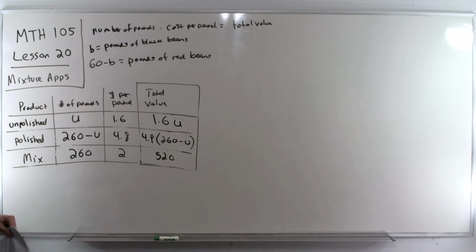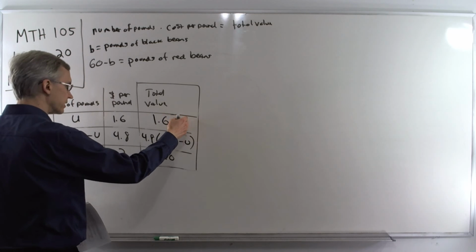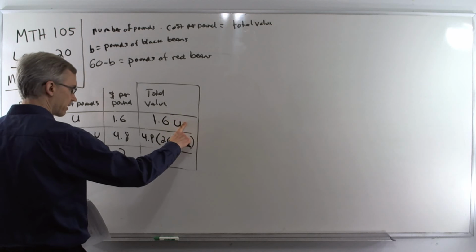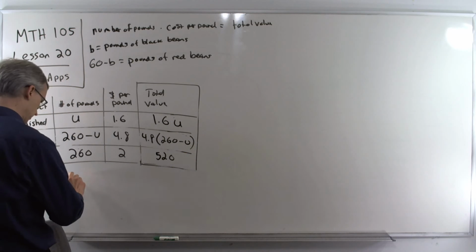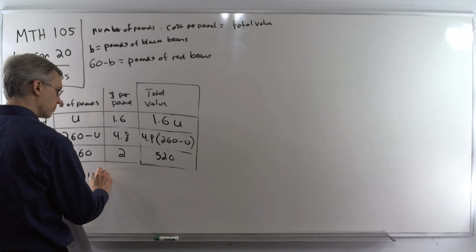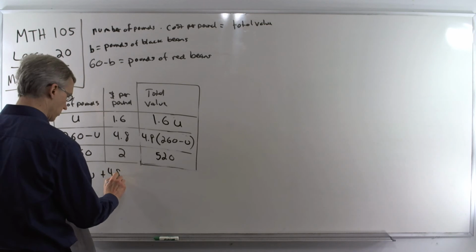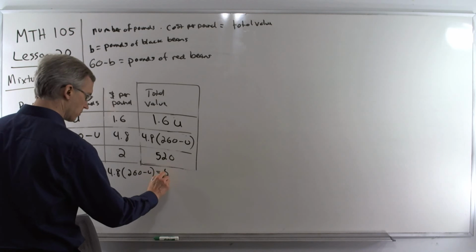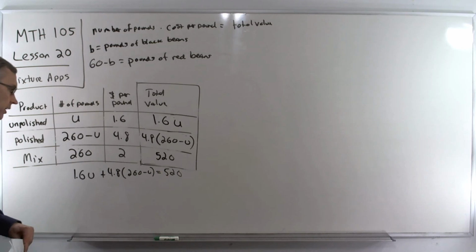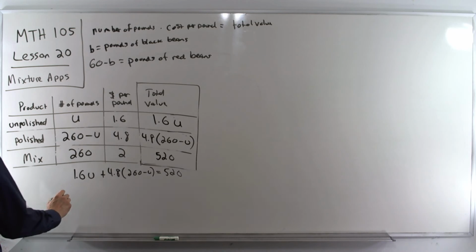All right, now we've got our last column, so now we can add these two together. We're going to add the value of the unpolished rock with the value of the polished rock to get the value of the mix. And there's the equation we need to solve. So we're going to distribute in.